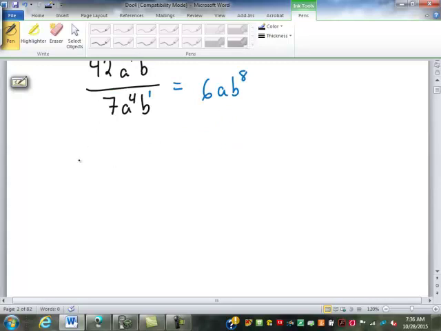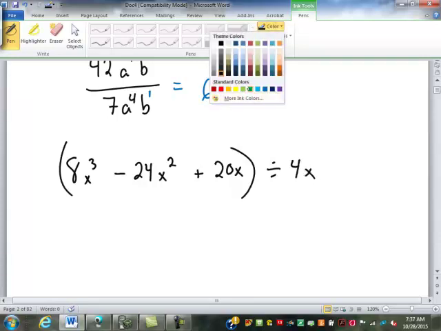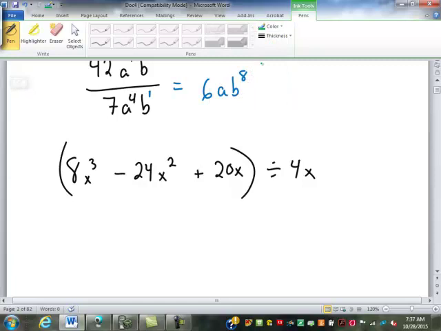What if we have something like this? We're dividing that out. Well, we might be more used to seeing it. Most of the examples we did when we did this in class probably looked more like this. Put the 4x underneath it like that.